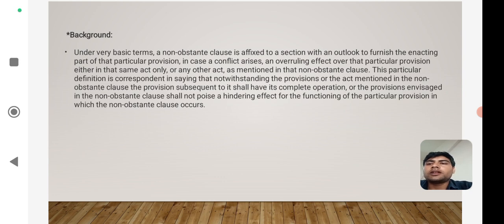This definition is saying that notwithstanding the provision or the act mentioned in the non-obstante clause, the provision subsequent to it shall have complete operation, or the provision envisaged in the non-obstante clause shall not have a hindering effect on the functioning of the particular provision in which the non-obstante clause occurs.